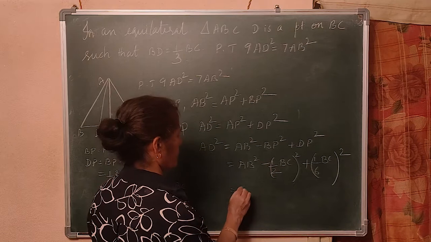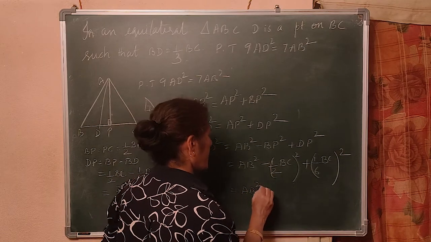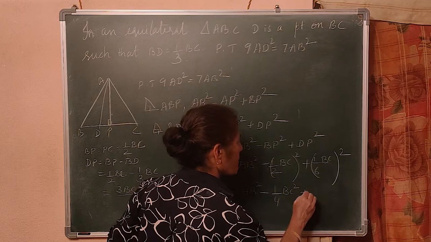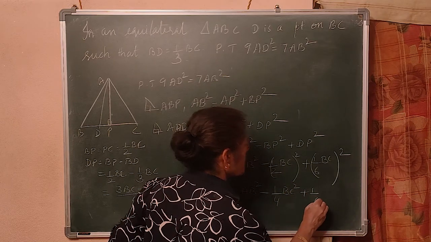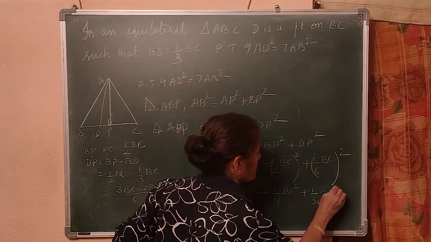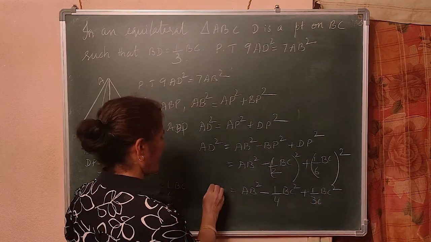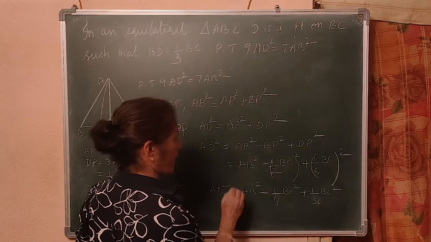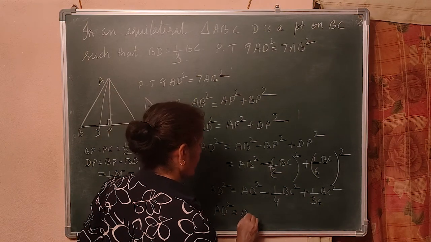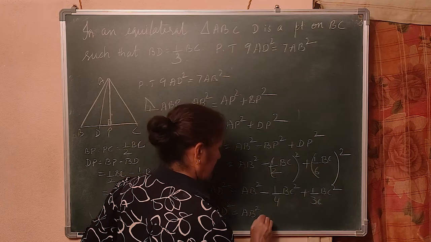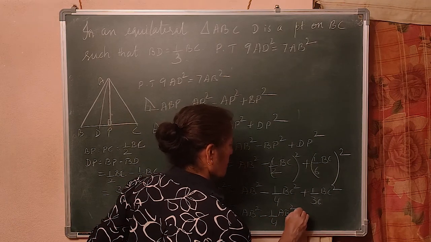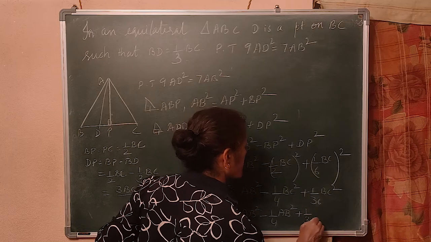So AB square minus 1 by 4 BC square plus 1 by 36 BC square. So AD square is equal to AB square minus 1 by 4 AB square plus 1 by 36 AB square.